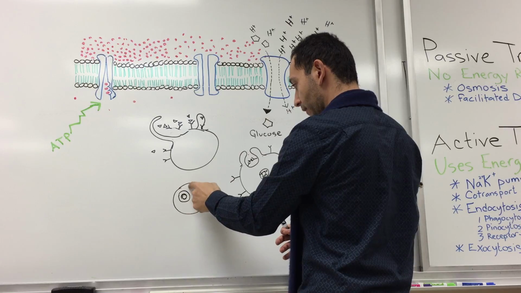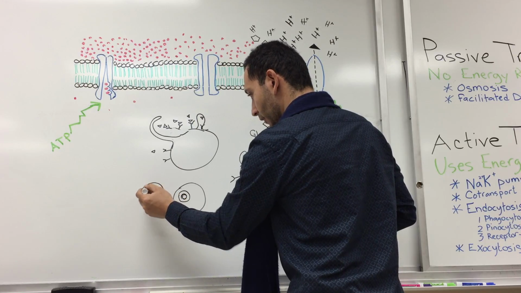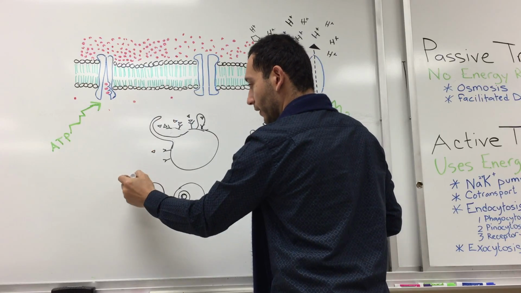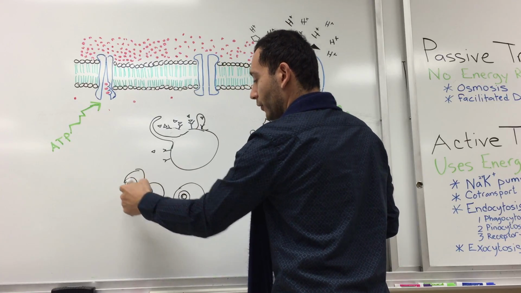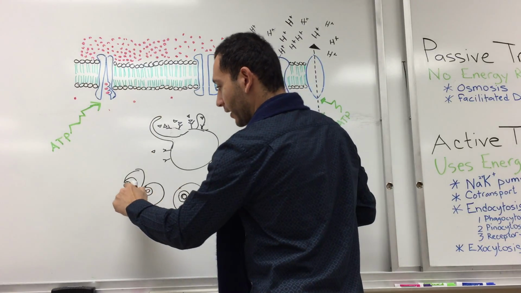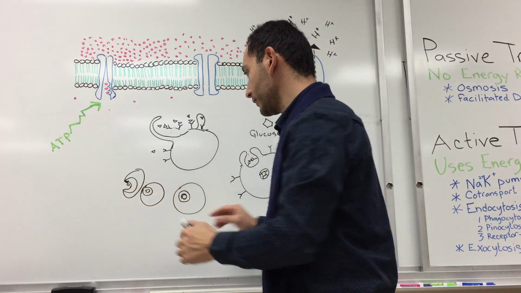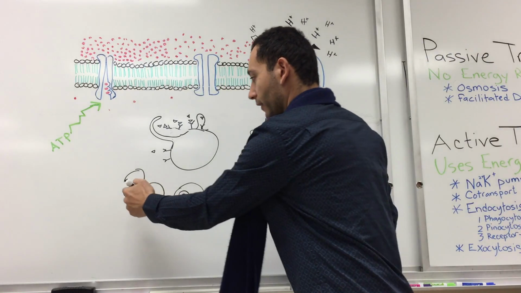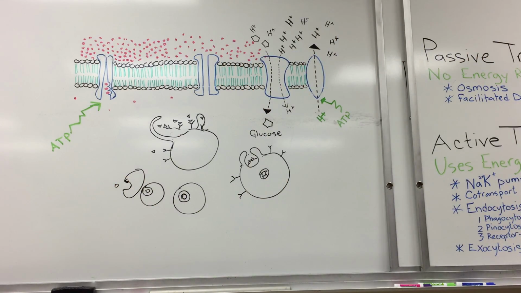And because it's made out of the same stuff as the plasma membrane, once it reaches the plasma membrane on the outside, the phospholipids can fuse and join the other phospholipids, and so the envelope essentially joins with the rest, and eventually the envelope itself becomes part of the plasma membrane on the outside of the cell, and therefore now the contents inside of that envelope are released to the outside of the cell.